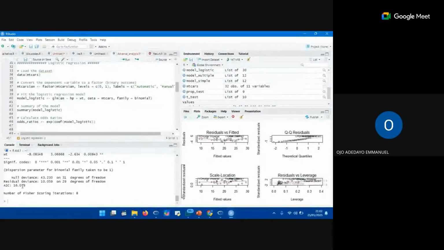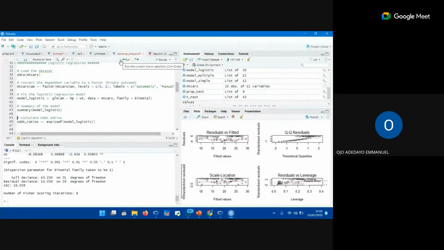When they check the AIC value, our AIC value here is 16.059. If they check the other AIC value and discover that it is around 15 point something, that means the one with the lowest AIC, Akaike information criteria, or the Bayesian information criteria, is the one that is okay for the prediction. Let me put it like that.